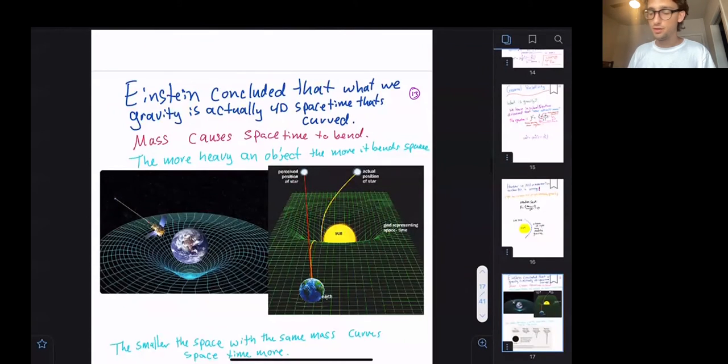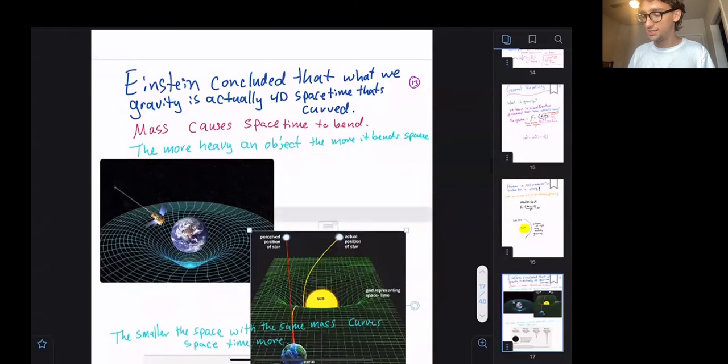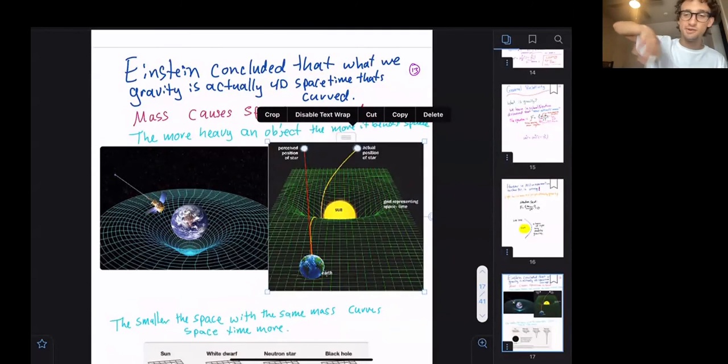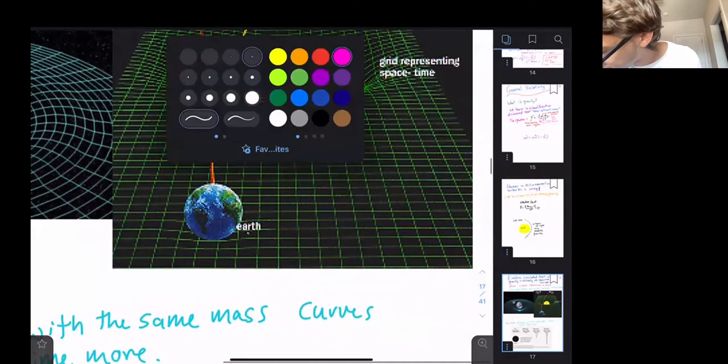And really, when we see this pen falling to the earth, or the moon orbiting the earth, we're actually saying the moon is moving in a straight line, but it's just the space around it that is bent.